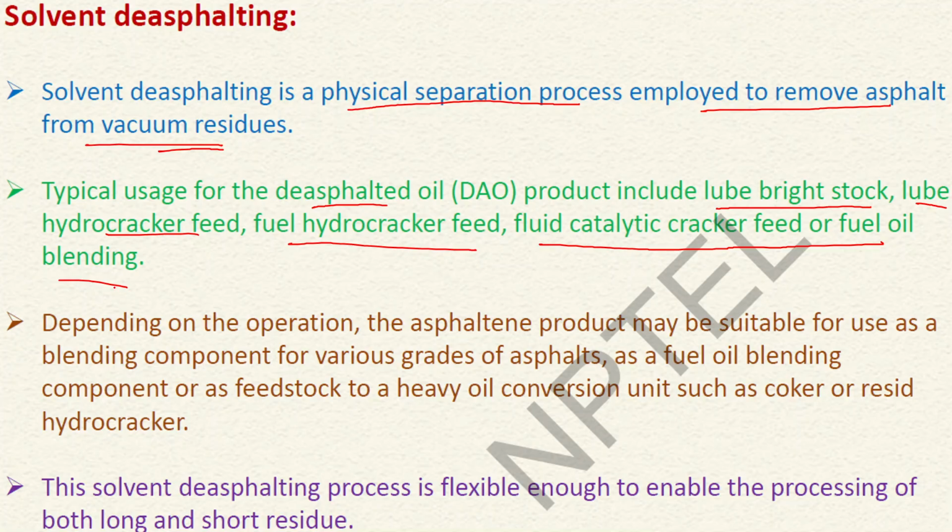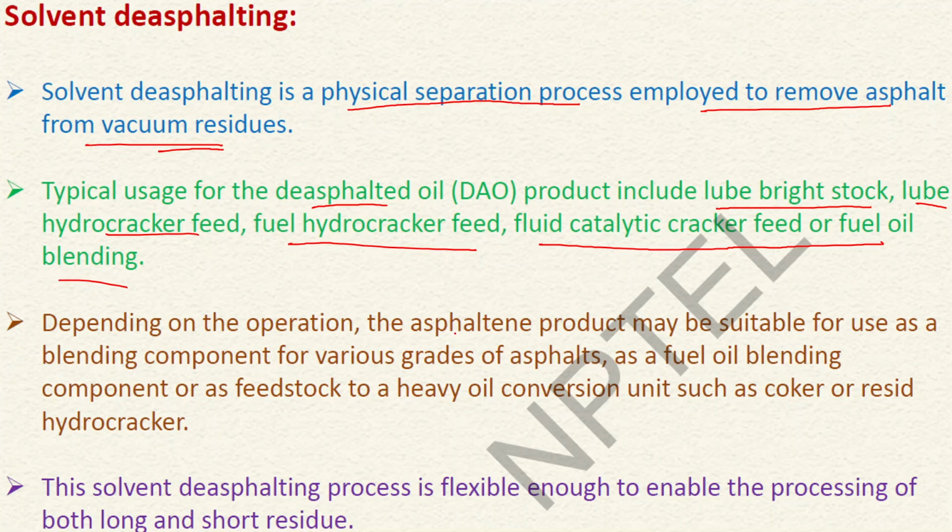Then fuel: the vacuum residue which is not lube bearing is the fuel bearing vacuum residue. After removing the asphalt from it, it may be sent to the hydrocracker feed. It can also be used for fuel oil blending and fluid catalytic cracking.